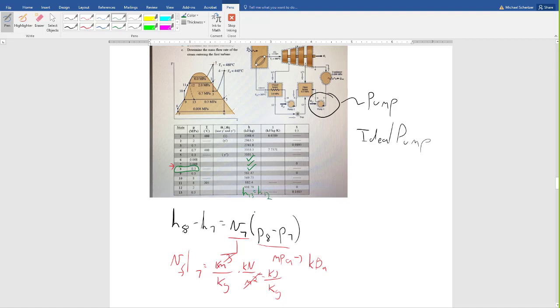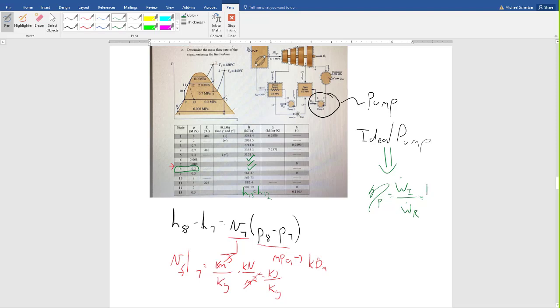right? And then when we went from 12 to 13, well, this was just a trap, right? So H was equal. If these were real pumps and real turbines, first you'd have to find the ideal pump exit. Then you'd have to use the pump efficiency, right? Which is the ideal pump consumes less power than the real pump. And then you'd use this.